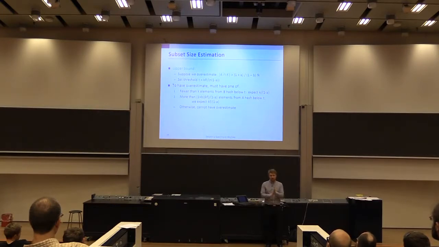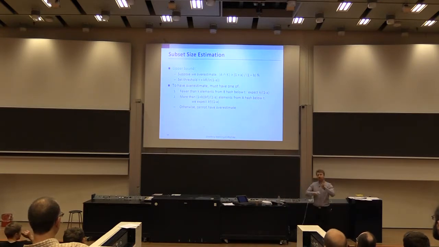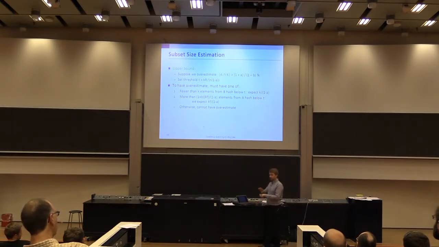And then say that if neither of those happen, then we won't have, in this case, an overestimate. So take that one compound event of having a bad estimate and break it down into events based on the original set and based on the target subset, reason about those independently, and again bound the overall probability of failure by union bound.